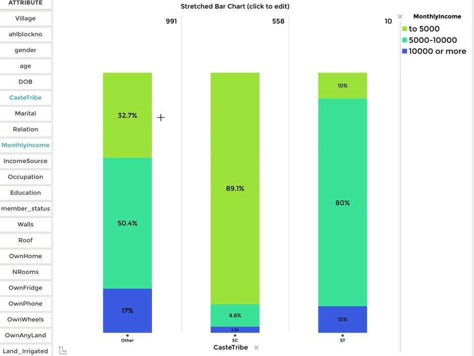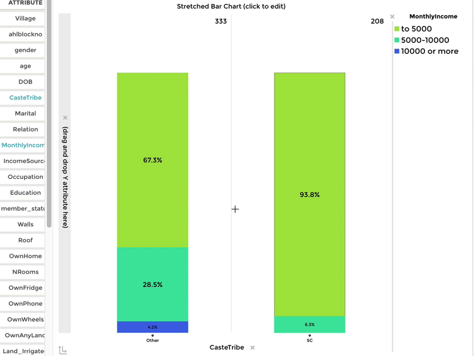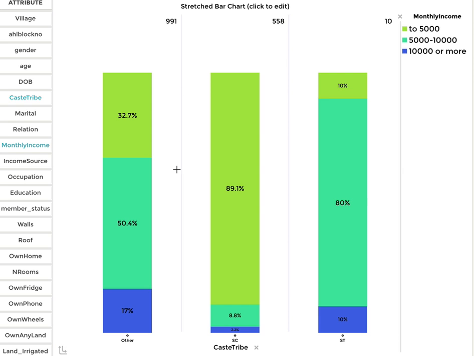Here, only 32% are in the 5,000 or less, and fully half of them are in 5 to 10,000. There's 17% more. Let's go look at Intara again, and we can see that the scheduled caste is kind of comparable between the two groups. It's the other people who are doing better in what might be the more cosmopolitan village of Mocharim.